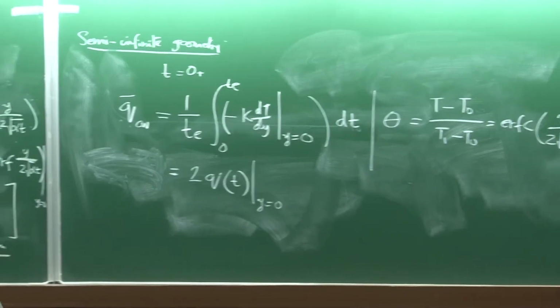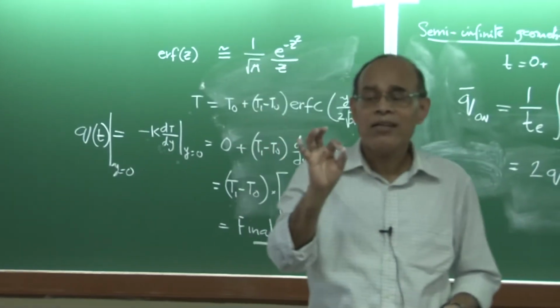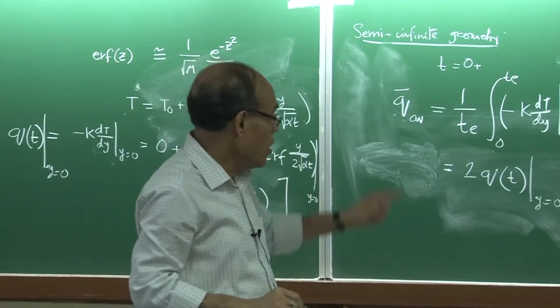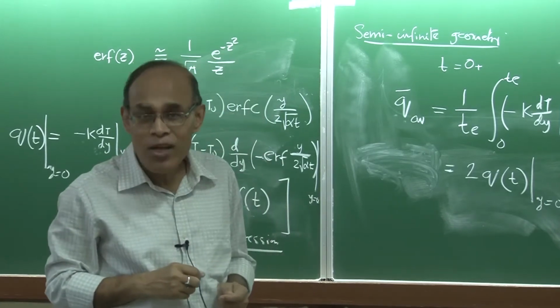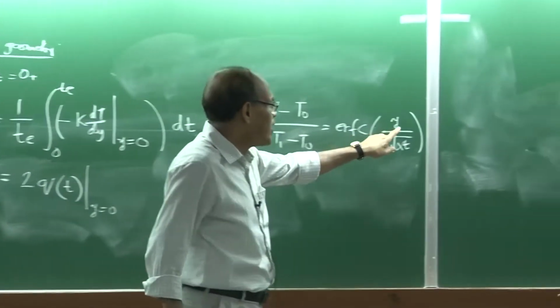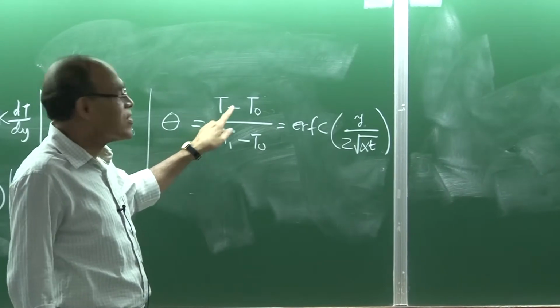Whenever you write a solution, you must make sure that if you substitute the values of the boundary conditions, the resultant expression gives you the correct answer. For example, if y tends to infinity, I should get that my temperature is equal to T0.